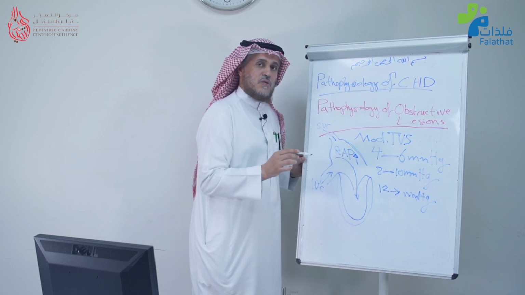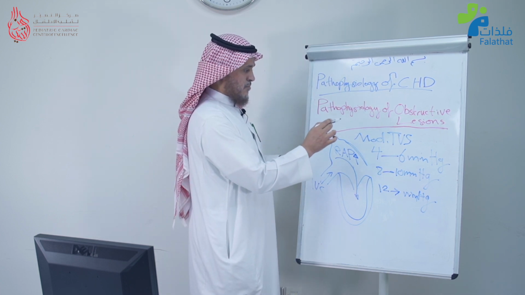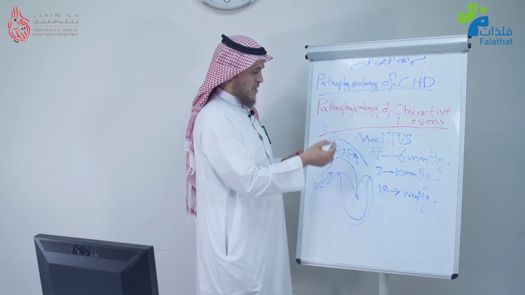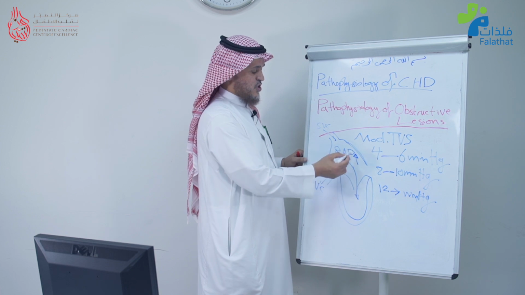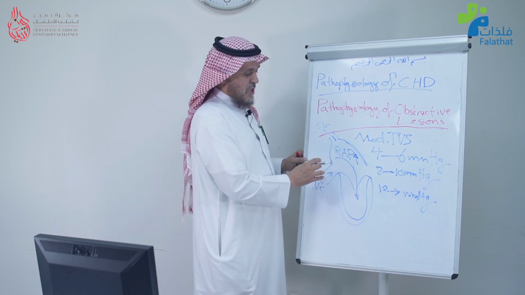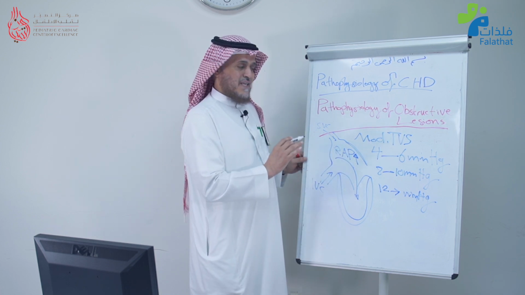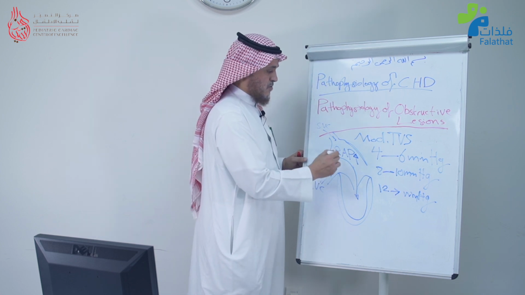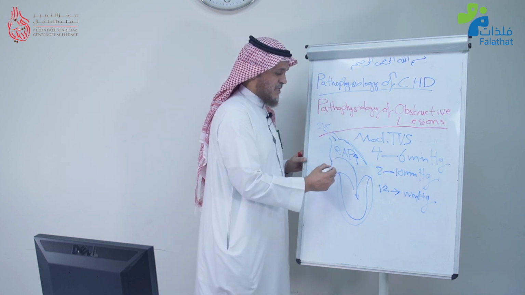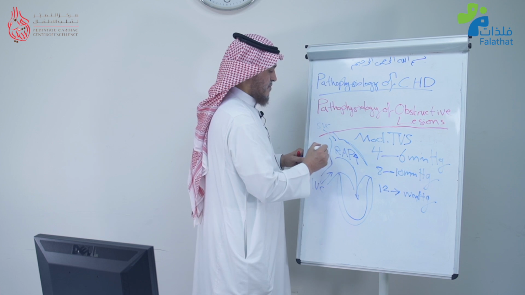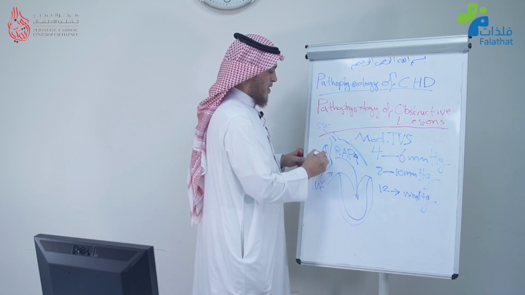So the first thing we will notice is that in mild, I said there is not much effect. In moderate, the right atrial pressure will start to elevate. That's fine. We may see as a consequence of that, right atrial pressure elevating, this is number one, consequence.